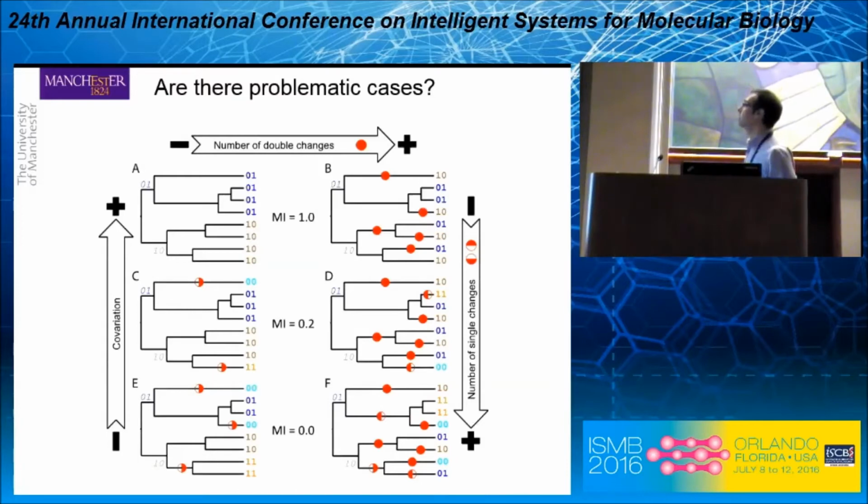So in our examples, the increase in the number of single changes causes a decrease in covariation. And this is independent of the number of double changes that have occurred. So this demonstrates how sensitive covariation is to the number of changes and the position within the phylogenetic tree where they occur. So this makes us conclude that covariation is probably not appropriate for studying coevolution.